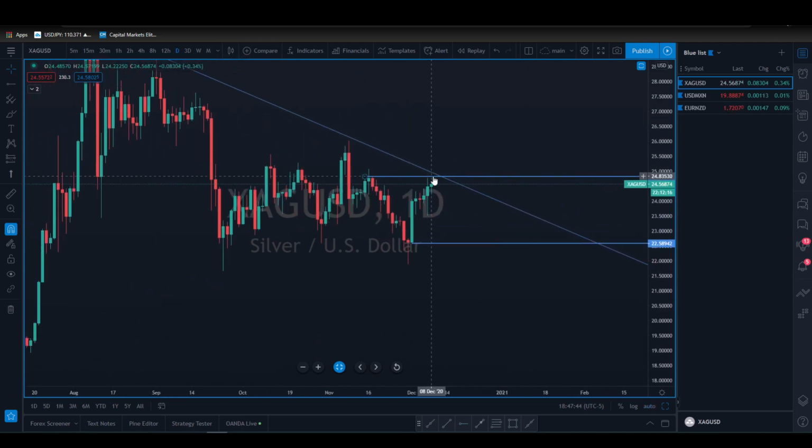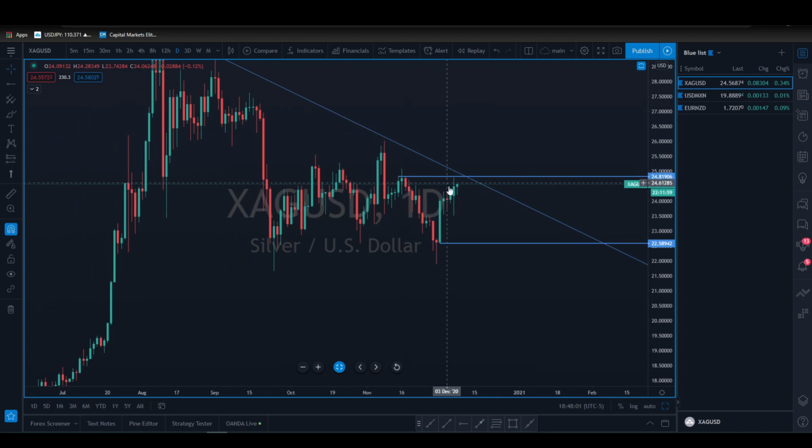If you get a closure above this blue line and this trend line on a daily closing basis, look for price to push back down and test this area and fail. It has to push down and close above. You get that, then that could be a possible opportunity for long trades targeting this high. That's what you can look for there.